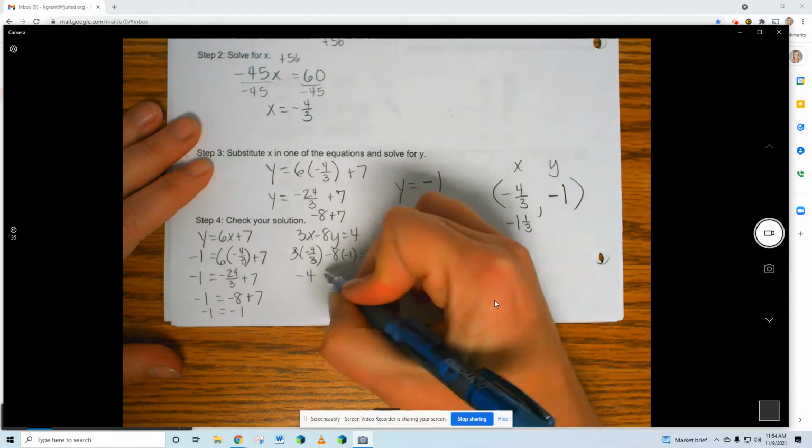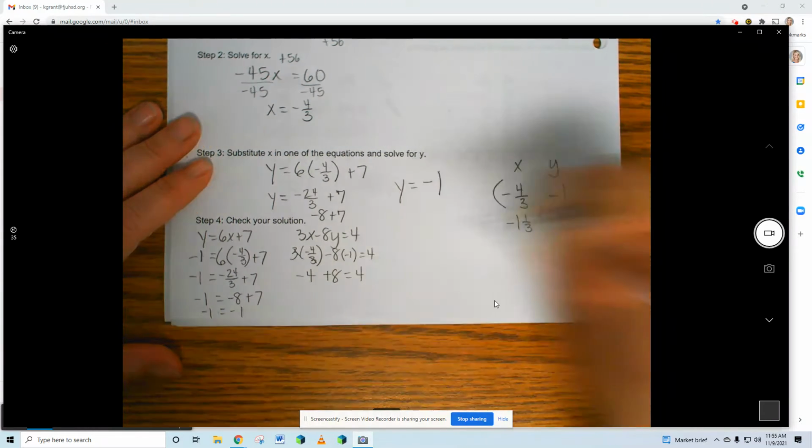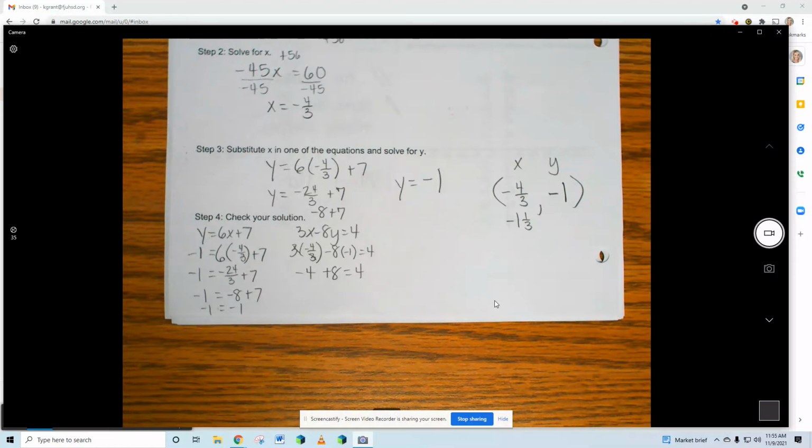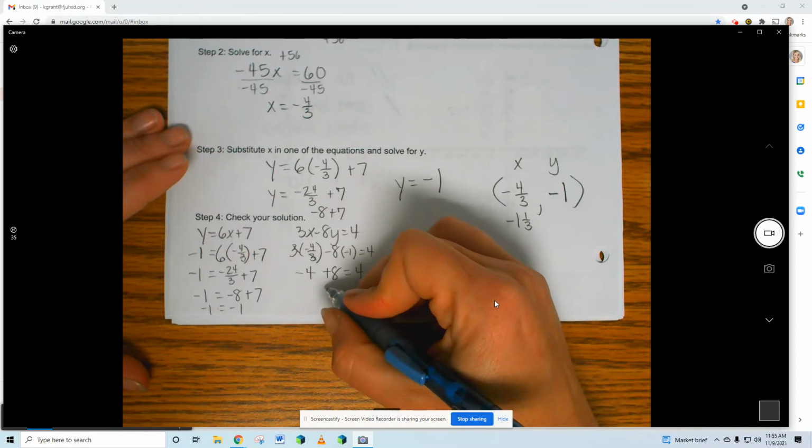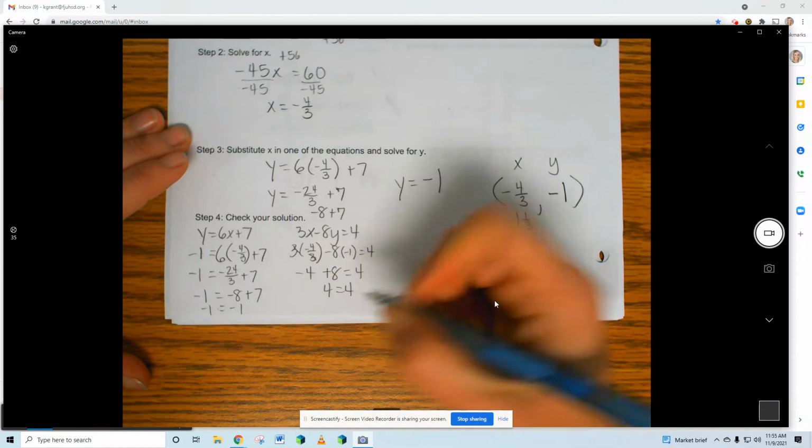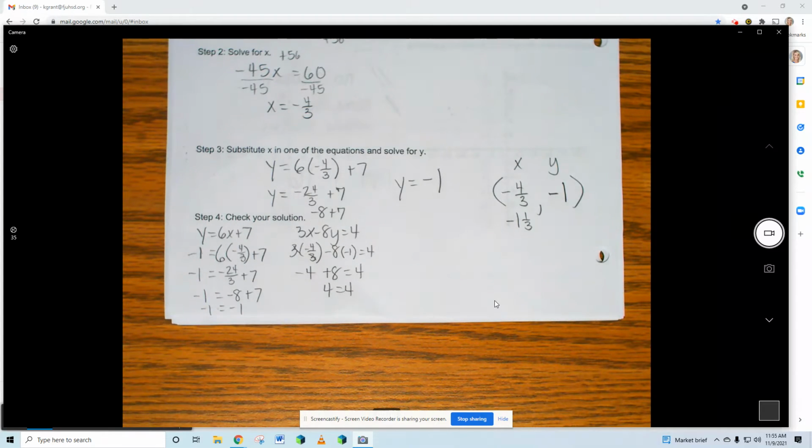Anyways, negative 4 plus 8 equals 4. 4 equals 4. Yes. And I could get 100% on a test if I use this method.